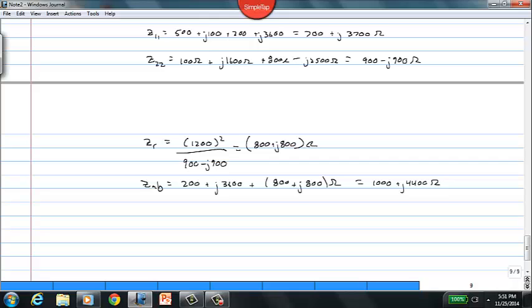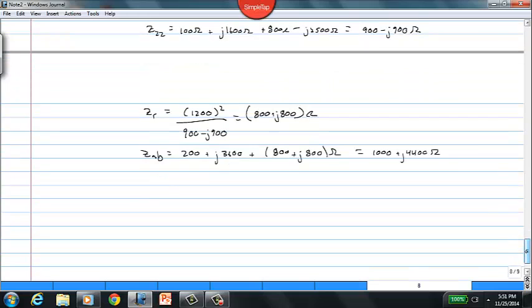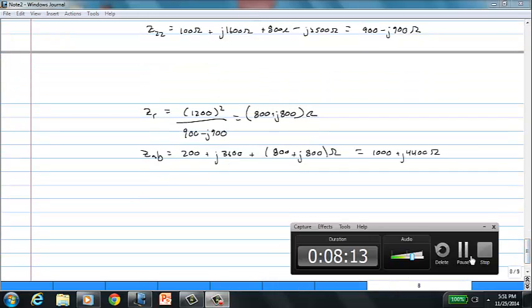So that gives us the impedance seen looking into the primary terminals of the transformer. That kind of characterizes the impedance of that circuit there. So we'll stop with that for right now.